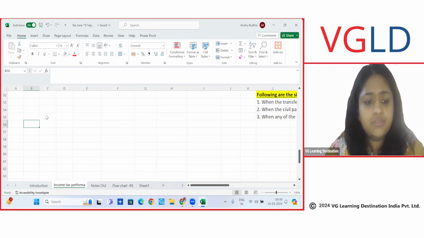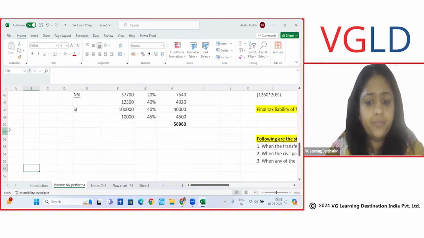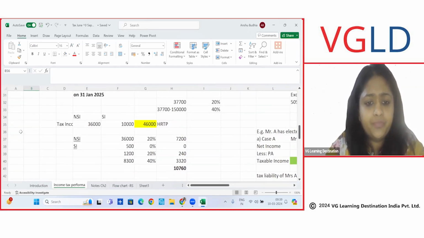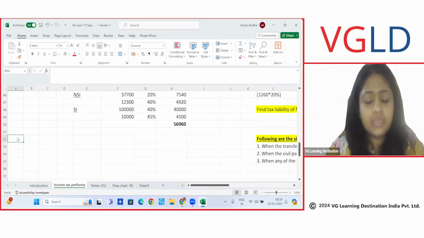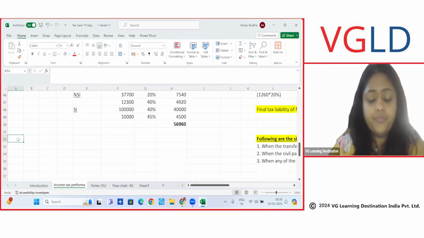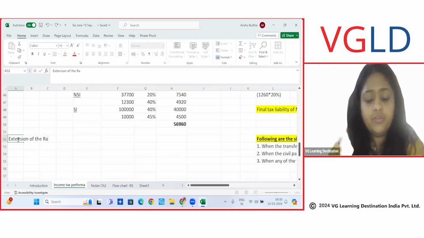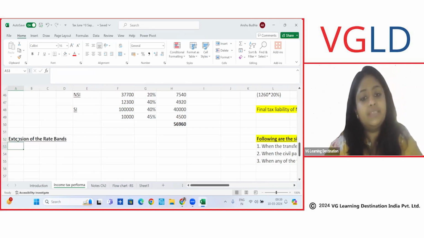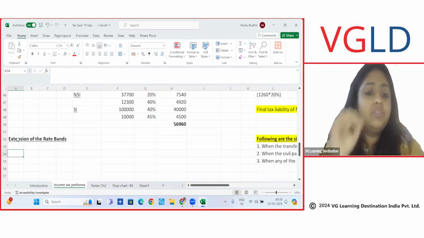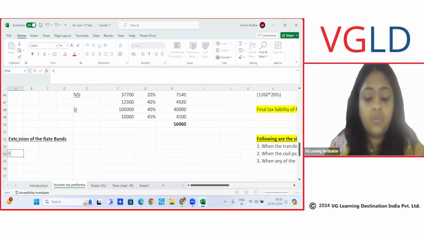Please look here on my screen. I've taken the concept of extension of the rate bands. Extension of the rate bands means that you know what is your BRB, your existing.